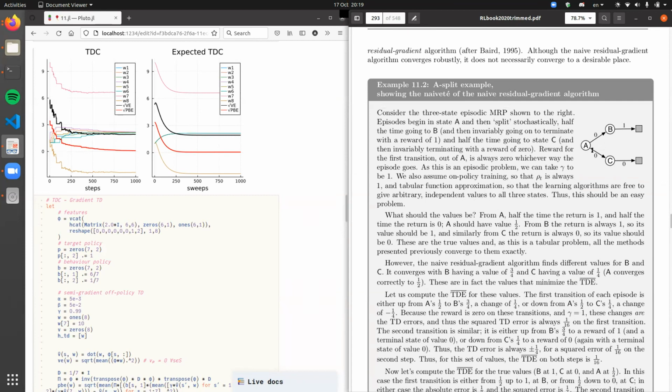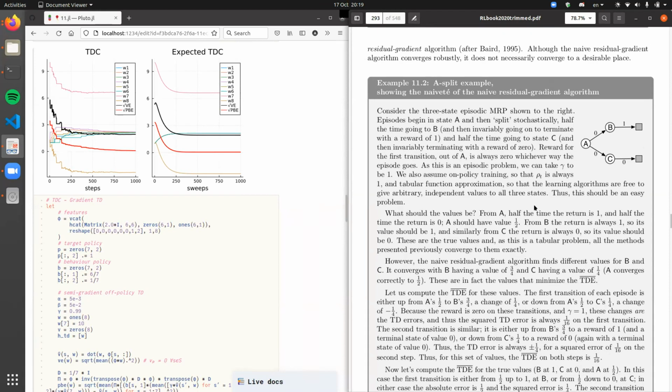We have 3 states, and a stochastic transition with equal probabilities from state A, producing a 0 reward. We can transition to B and C with equal probability, and then from both B and C we have a deterministic transition, with reward 1 from B and reward 0 from C.